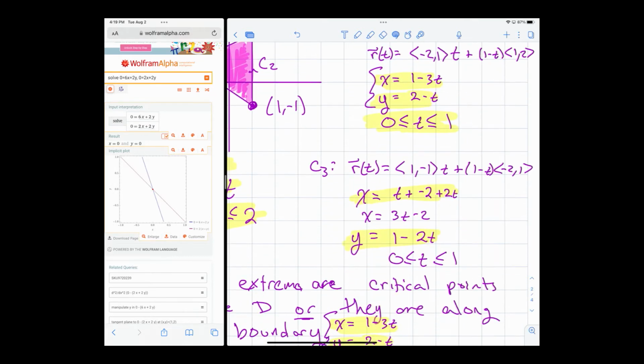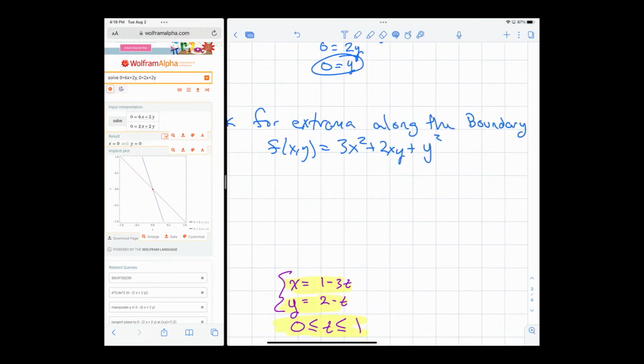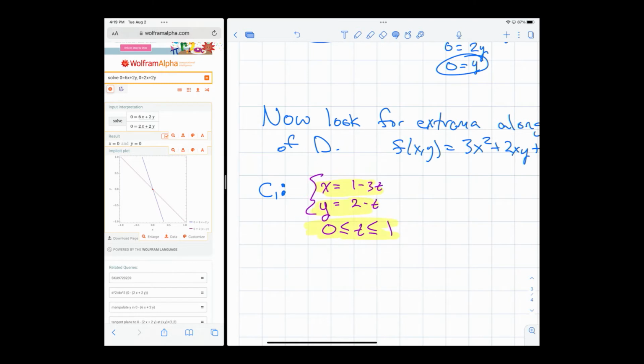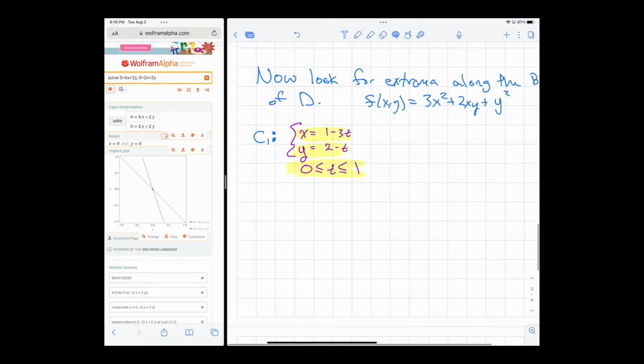Let's duplicate that. Here's C1. Now what you do is you take those values and plug them into f. Essentially what you're evaluating is f, and instead of the x, you put in 1 minus 3t, and instead of the y, you put in 2 minus t.